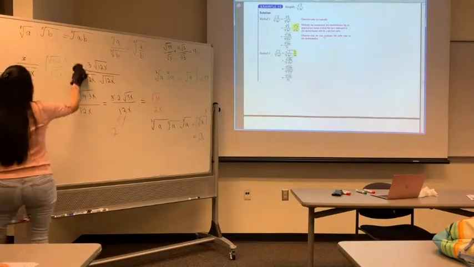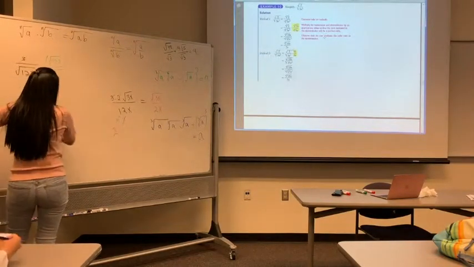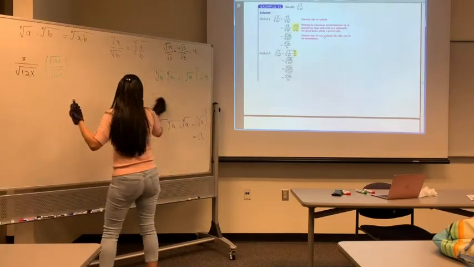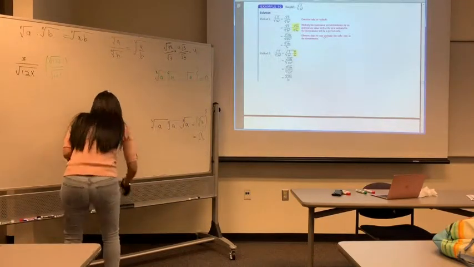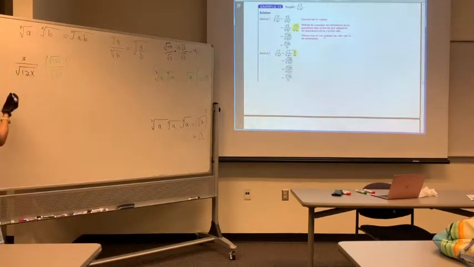So now I'm using this. I will keep this here as an example. You can compare what we are doing. So now we have radical 2 divided by the cube root of 3x squared.